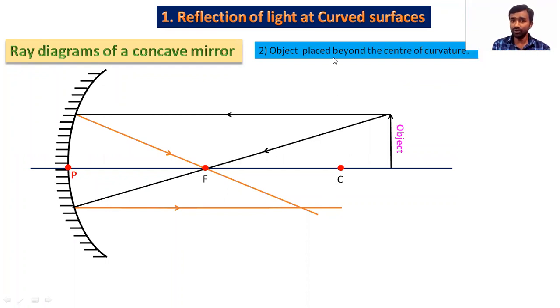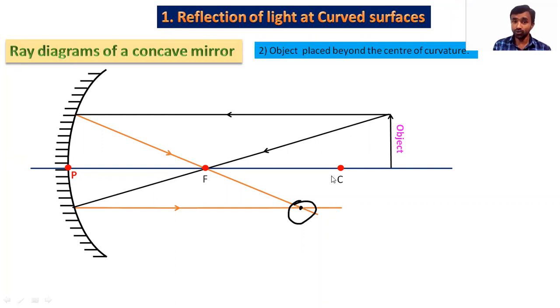Then here, do you get a converging point or a diverging point after reflection? What you see here, converging or diverging point? Converging point. So what type of image are you expecting here? Real image.